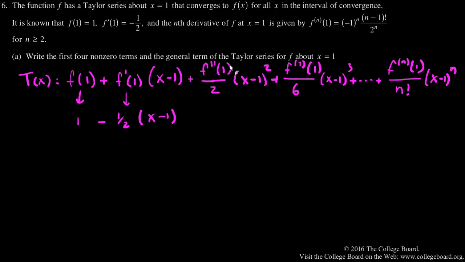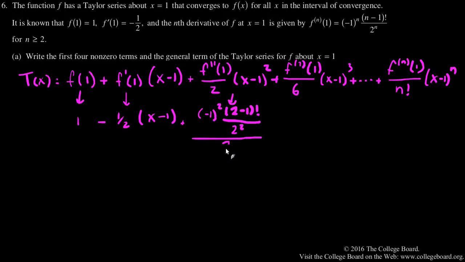All right, the second derivative. To find the second derivative, I use this where n is 2. So I get negative 1 squared times, not n there, sorry, 2 minus 1 factorial all over 2 squared. That's the nth derivative.